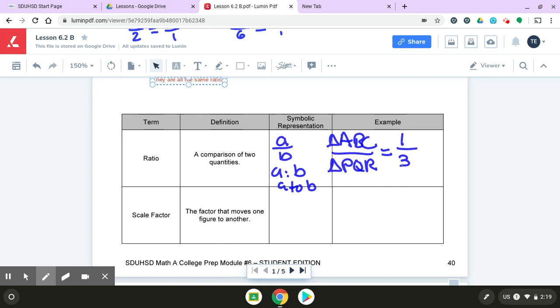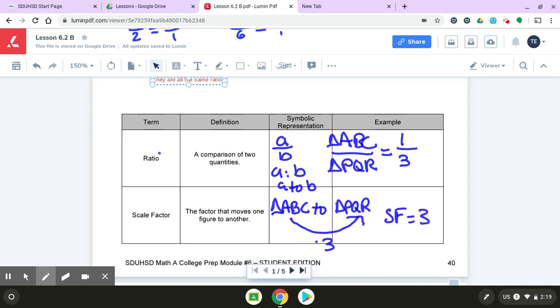A scale factor says when you go from ABC and you go to PQR, we want to know what are we multiplying by. So we're going from the smaller triangle to the bigger triangle. So here the scale factor would just be a 3. So we have to really pay attention.